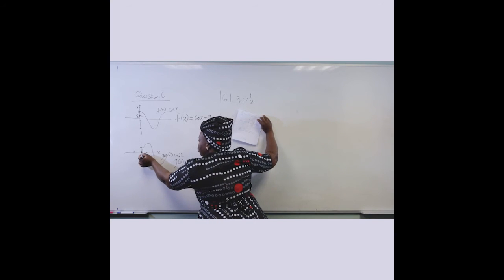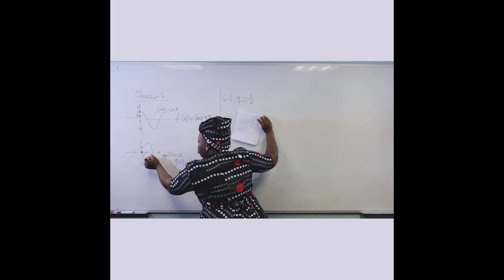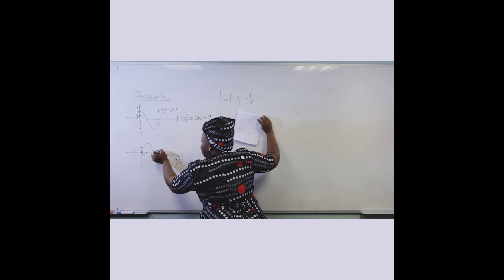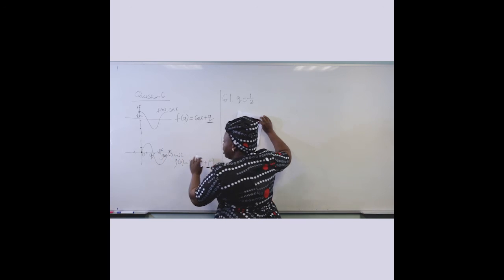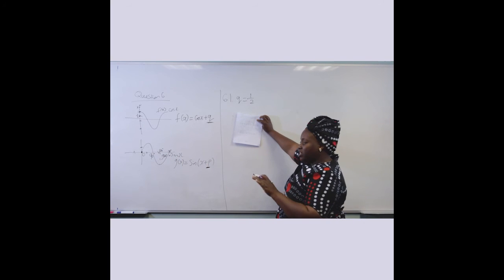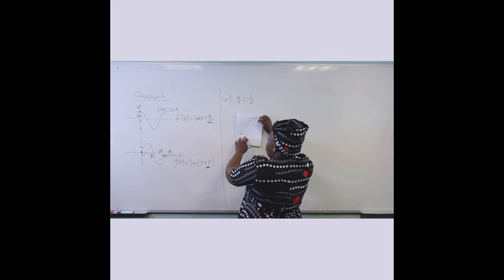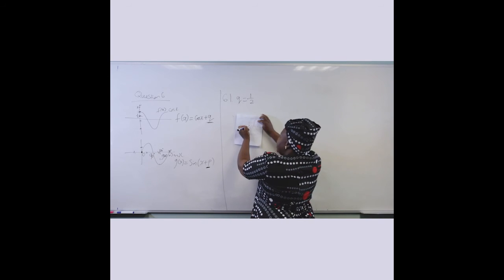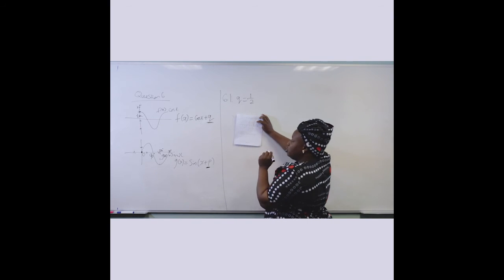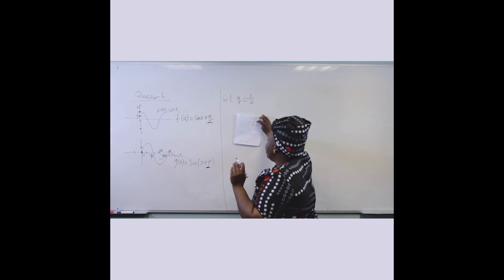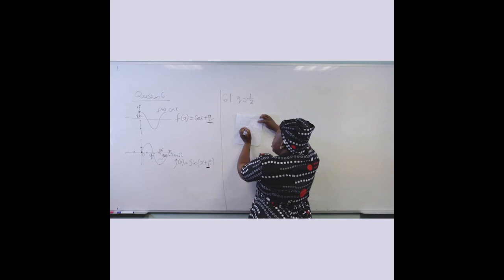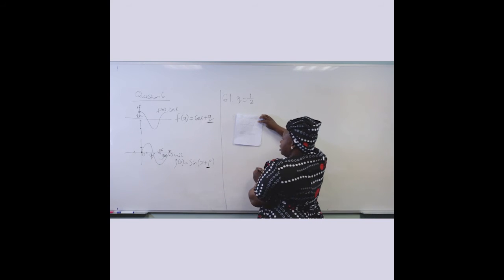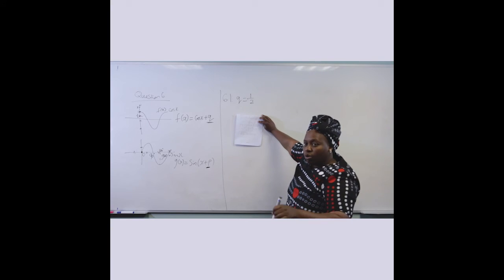Remember that this was supposed to be 0 and that was supposed to be 90. This was supposed to be 270 and then 360, which is a normal graph or master function of the graph. But for now, what is happening is that it has moved to this point. So you need to figure out what happened to the one that was 0. If you look at it, the 0 is where 30 is instead of where 0 is.